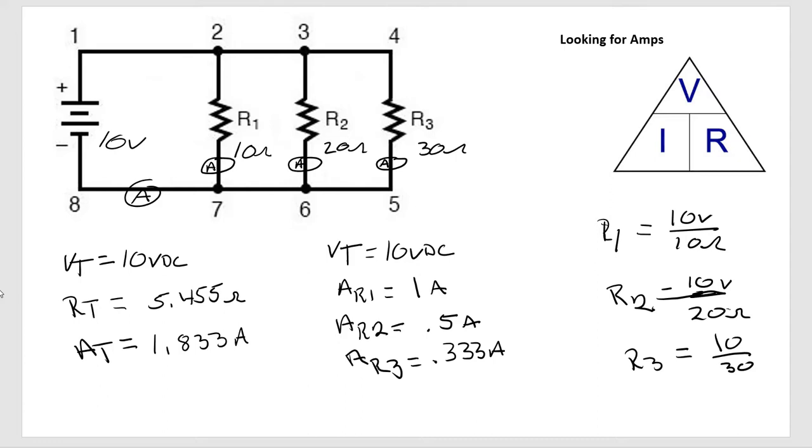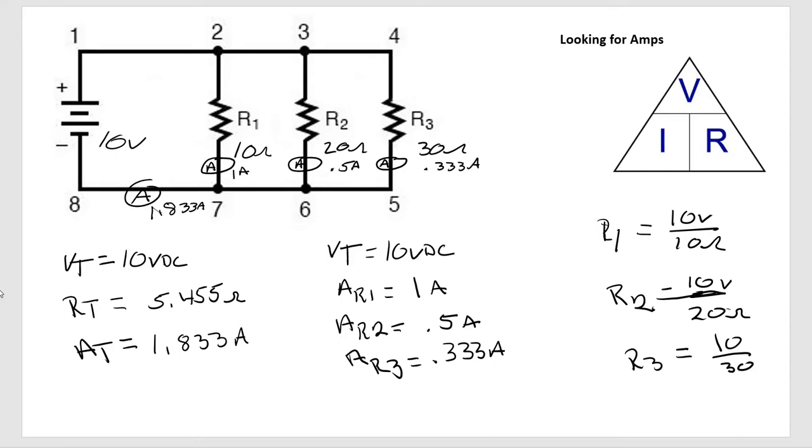So again, let me write this down. 1.833 amps, and then this one's going to be 1 amp, 0.5 amps, 0.333 amps.